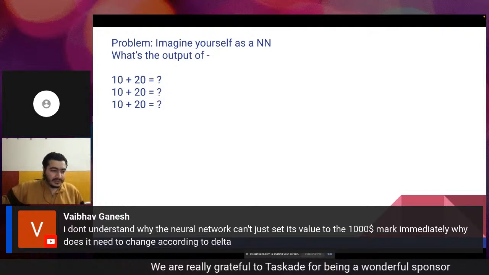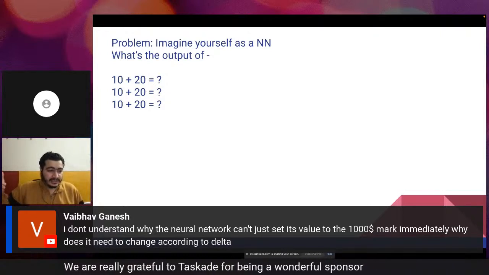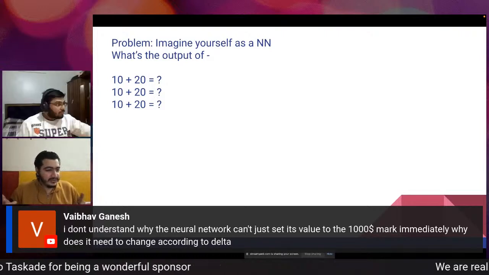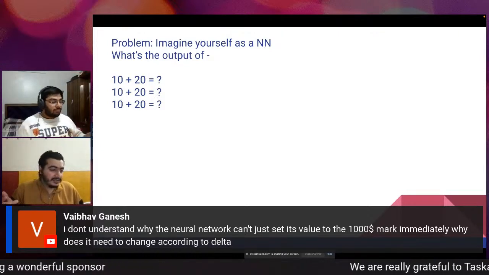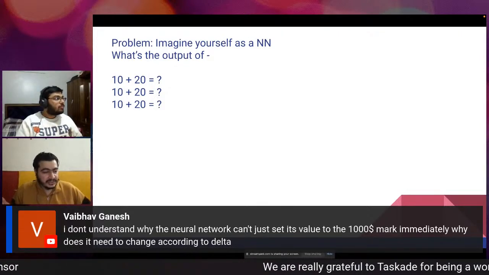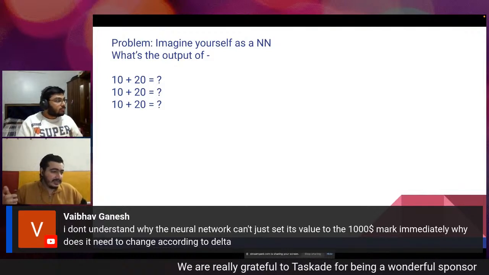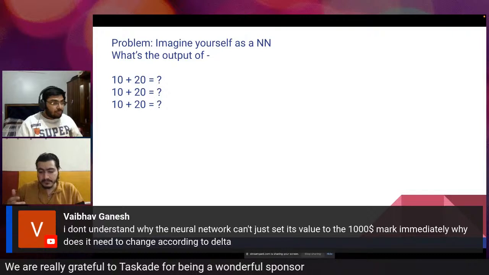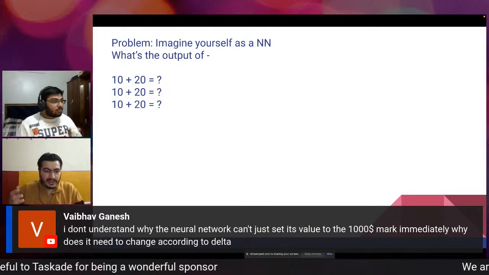So you need to operate on the deltas so that it generalizes over multiple inputs. It's not that you need to get the right answer on one input. You need to get the right answer on multiple inputs, and you need to minimize the collective delta.